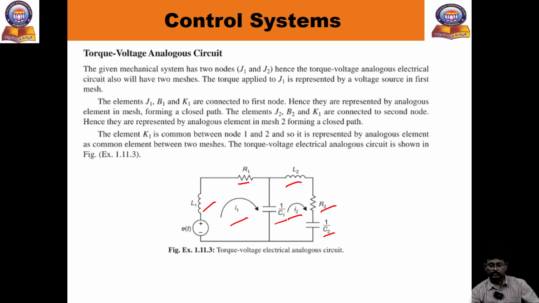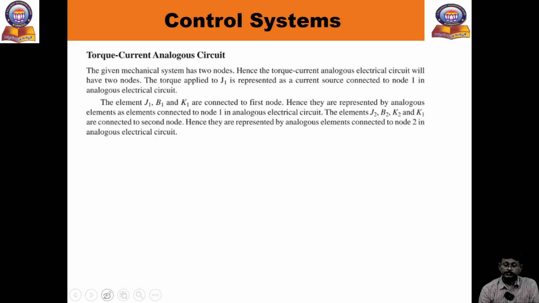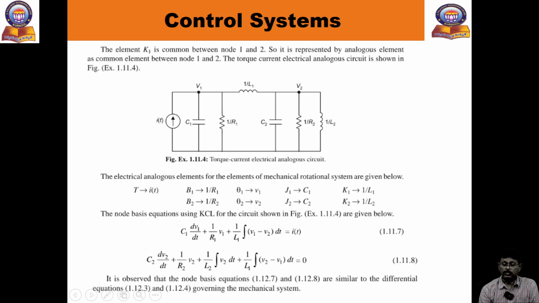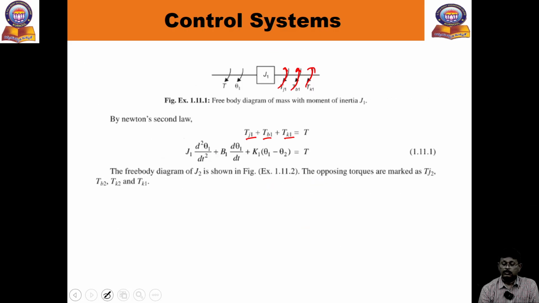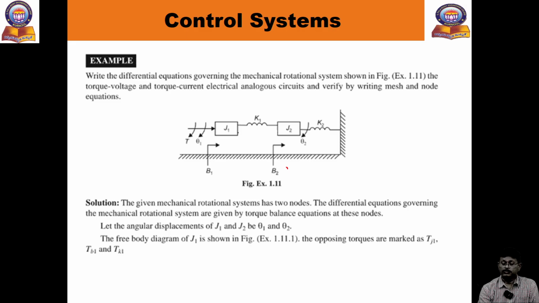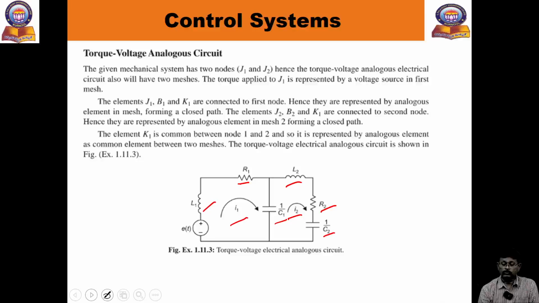Similarly for the torque current analogy, you can observe there are two nodes for J1 and J2, so in place of J1 we have V1, in place of J2 we have V2. These are the individual elements, and these are the common elements between V1 and V2. Which is common? K1 is common, that's why it came between the two nodes.